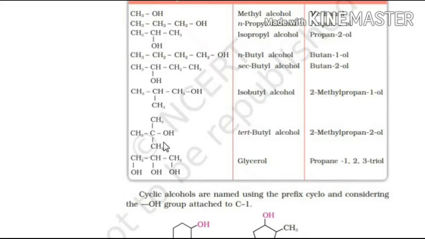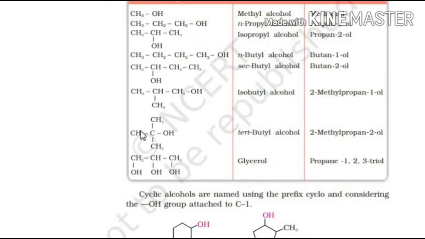Now this part, according to the common name, is tertiary butyl, and OH is there, so this is known as tertiary butyl alcohol. Tert means tertiary. Now for the IUPAC name, select the longest chain, and the longest chain should have the carbon bonded to the OH group.